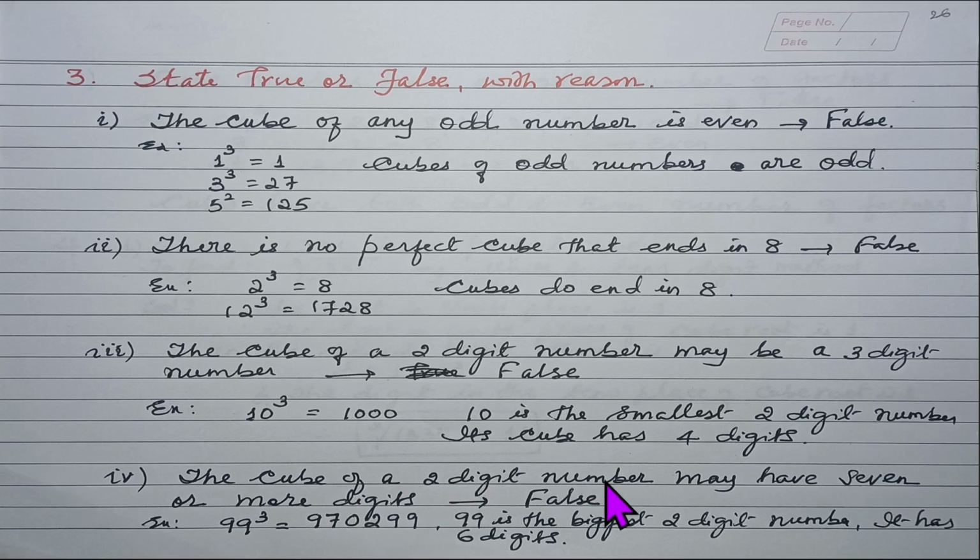The cube of a 2-digit number may have 7 or more digits. Now let us take the highest 2-digit number, that is 99, and cube it. We find the cube is 970299, and the number of digits is 1, 2, 3, 4, 5, 6. Therefore it is 100% false. It has only 6 digits and not 7 or more.